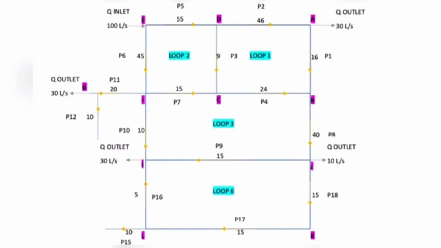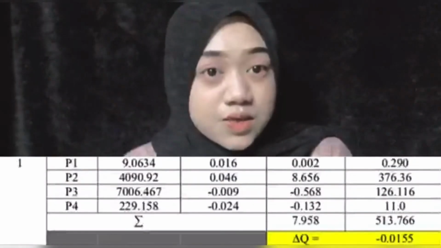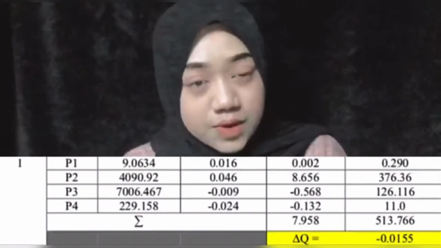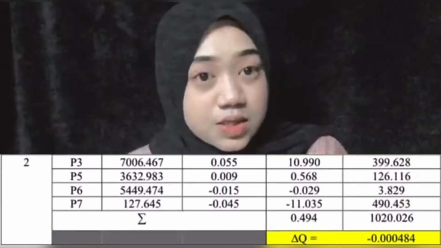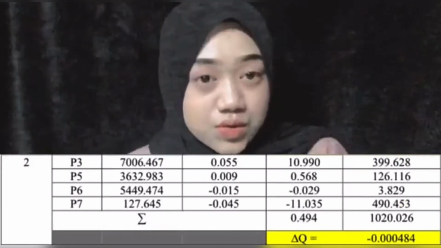So for the fourth trial, this is the loops. The correction for loop 1 is negative 0.0155 and for loop 2 is negative 0.0005484.